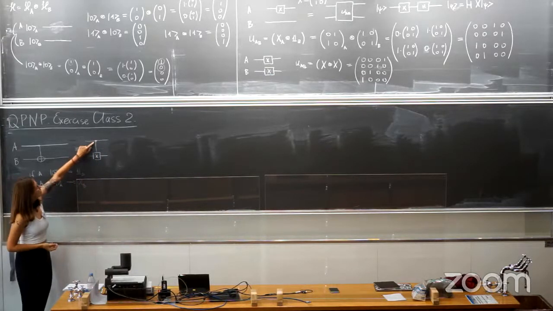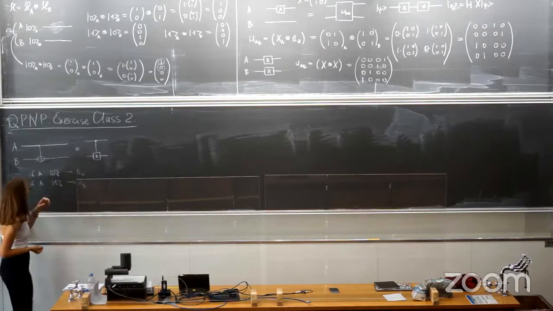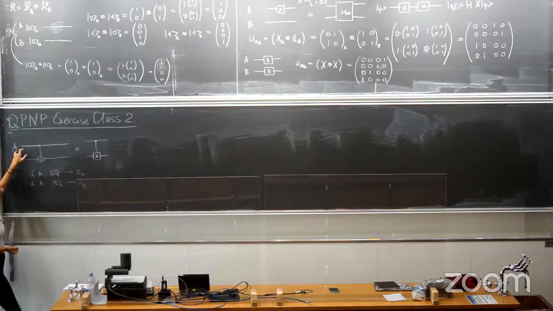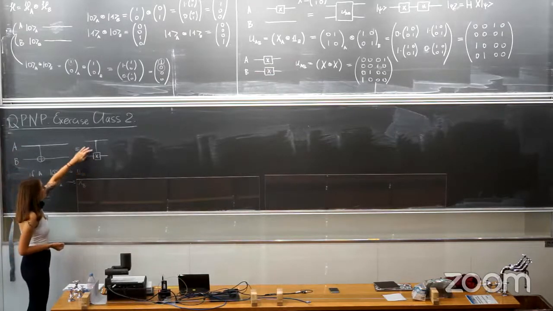This dot here means that the operation is controlled on the state of qubit A, and it's connected by this vertical wire to the operation that we perform on the second qubit in case the condition on the first qubit is satisfied.